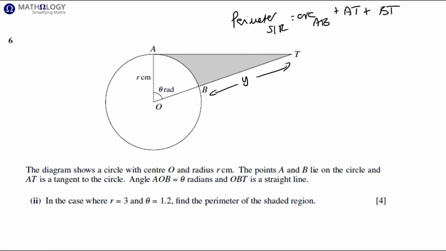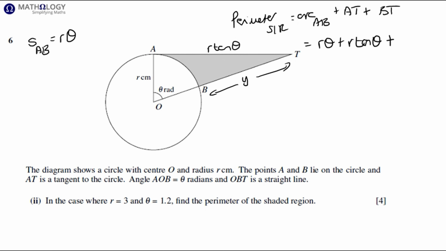We know that AT is r tan theta, and we need to find arc AB. So arc AB, which we'll indicate with an s, will be r times theta. That's the length of arc AB. So that'll be r theta plus AT, which is r tan theta, plus BT.